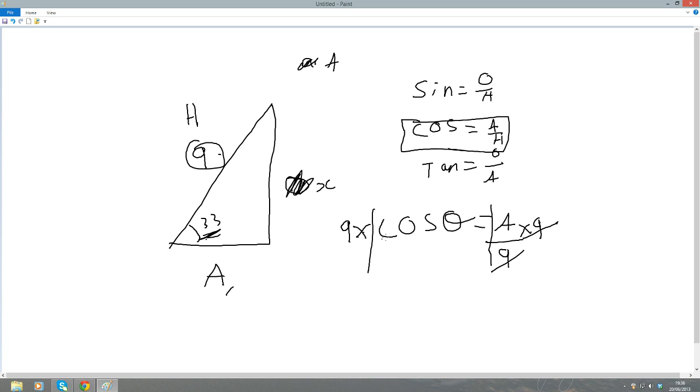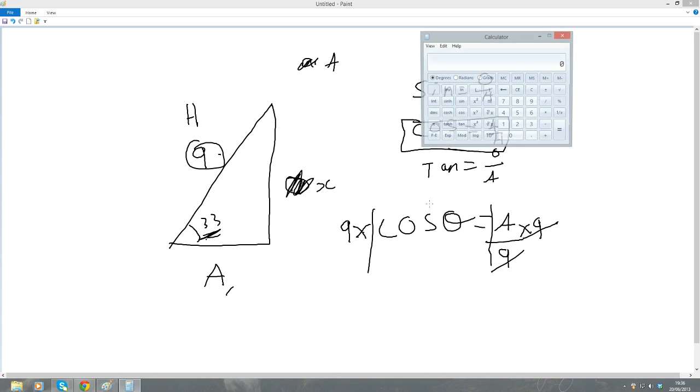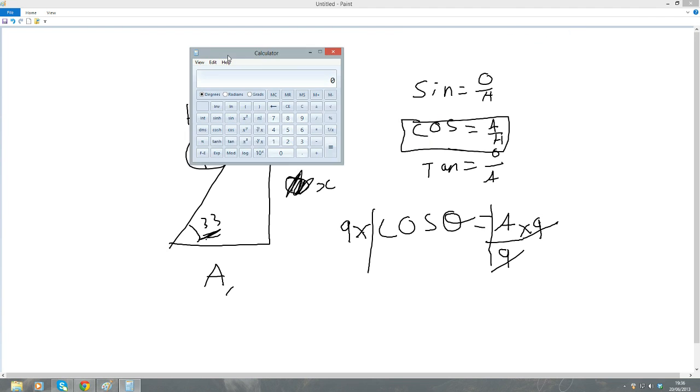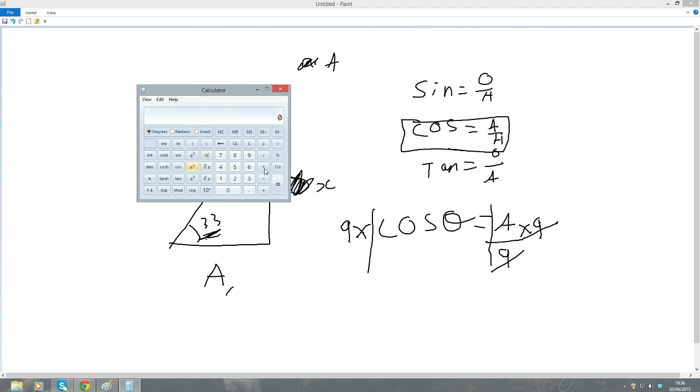Now you're left with 9 times cos theta. So you may need a scientific calculator here. Well, you do need a scientific calculator here. So you do cos, and then in the brackets on your scientific calculator you'd put whatever theta is, that's 33, equals.